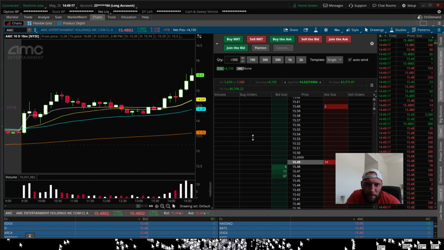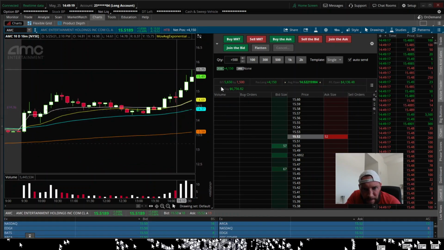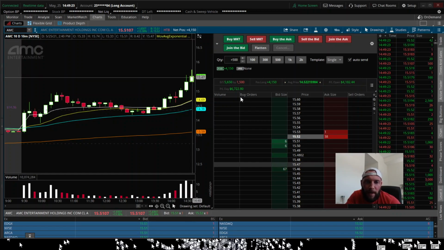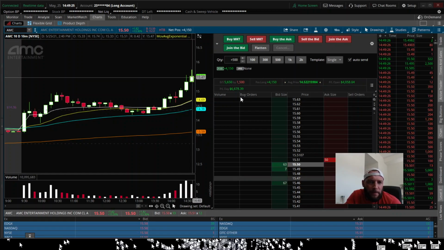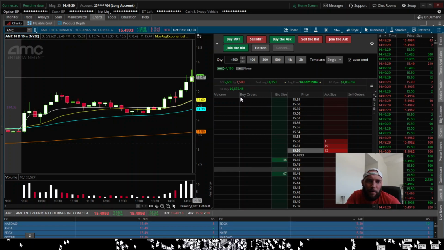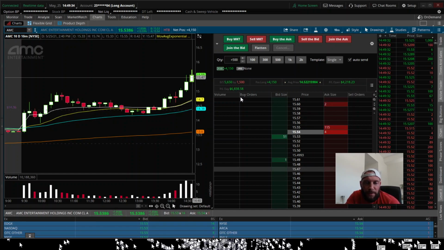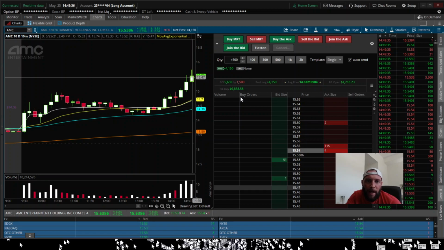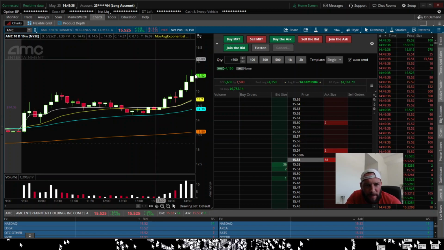And remember that resistance. Look at where it stopped. If you hover over the candle and you look where it says AMC, there's little brackets or boxes, and it will tell you O for opening price, C for closing, H for high, L for low, things like that.